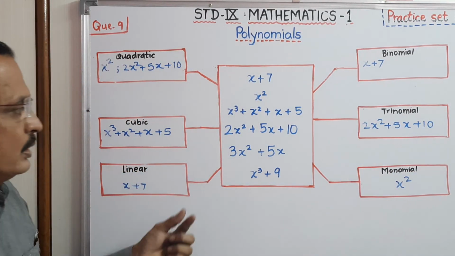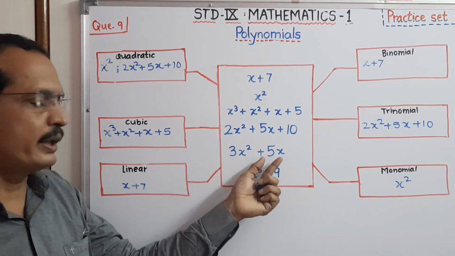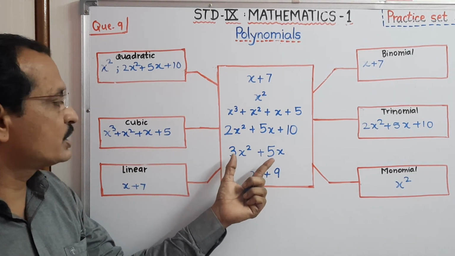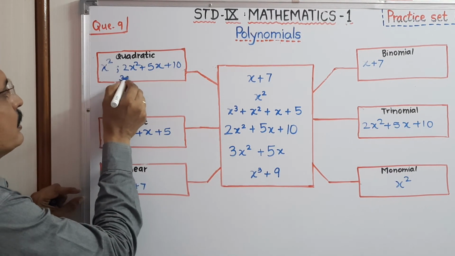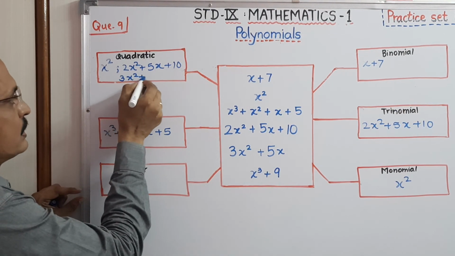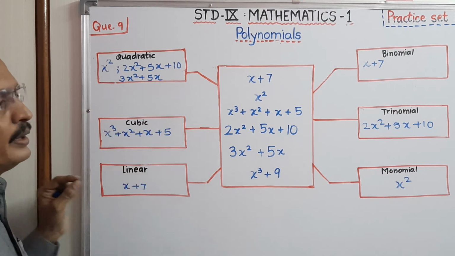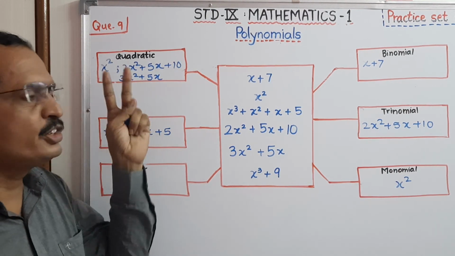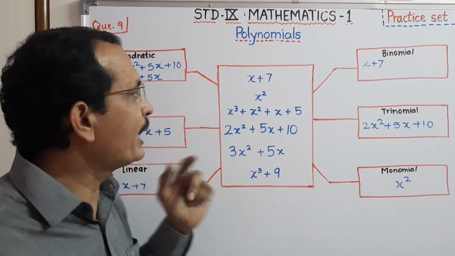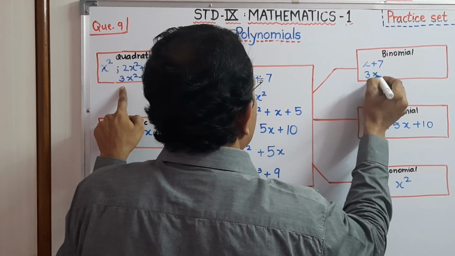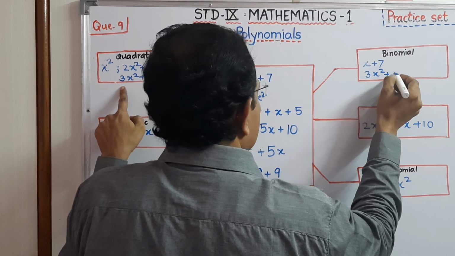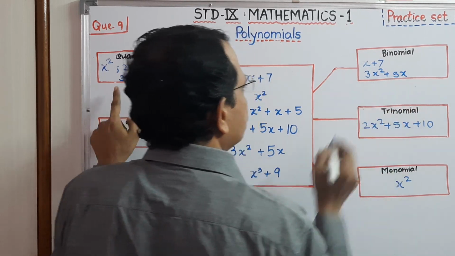Now dear student, 3x square plus 5x. 3x square, it is a quadratic. Therefore we write here the third one, 3x square plus 5x. The same polynomial carries 2 terms. Therefore it is a binomial. Therefore we write here second, 3x square plus 5x.